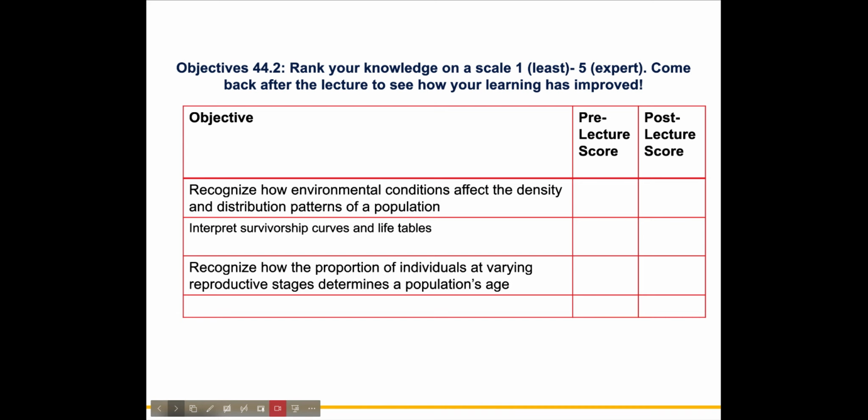We're going to look at survivorship curves and life tables, and we want to be able to say what they mean. And then we're going to recognize how the proportion of individuals at any one reproductive stage helps us to determine what will happen in that population.